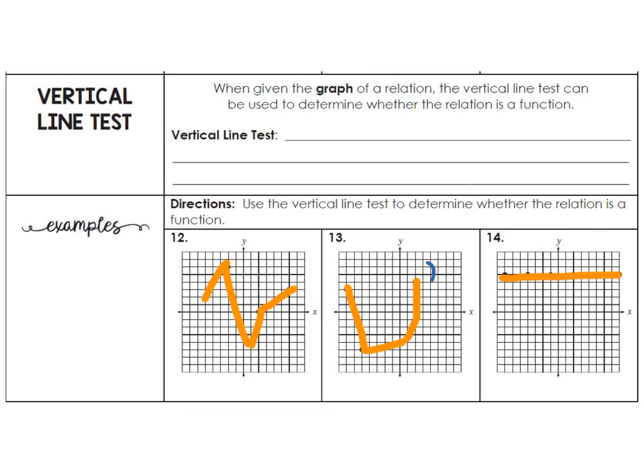And in number 13, I see a vertical line right there, okay? There's a horizontal line in number 14, which is okay. And then I see different slopes in number 12. So there's a positive slope, a negative slope, a positive steep slope, and then a positive less steep slope.